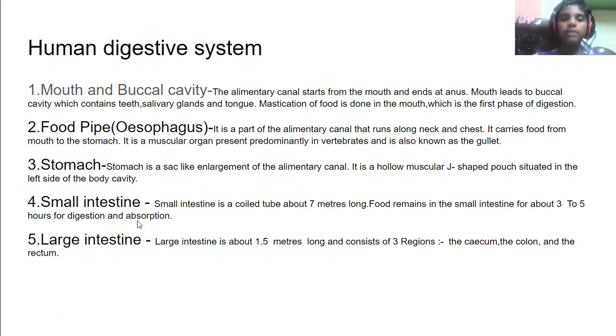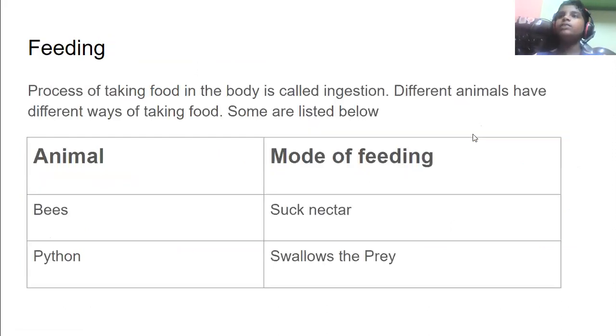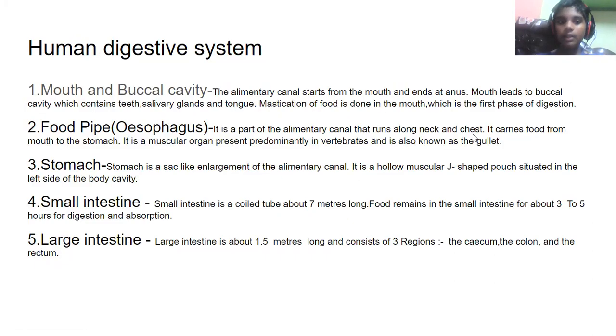It is a part of the alimentary canal that runs along the neck and chest. It runs beside the neck and the chest, all the way. It carries food from the mouth to the stomach.